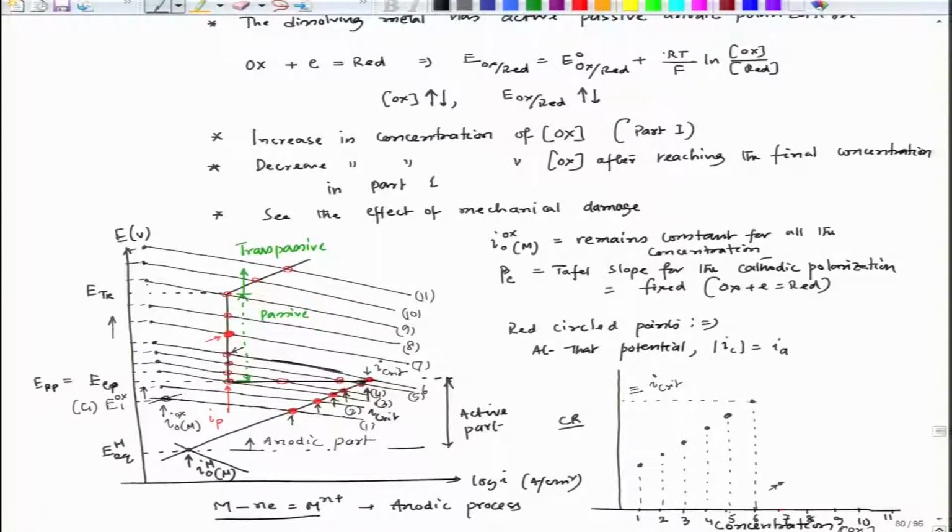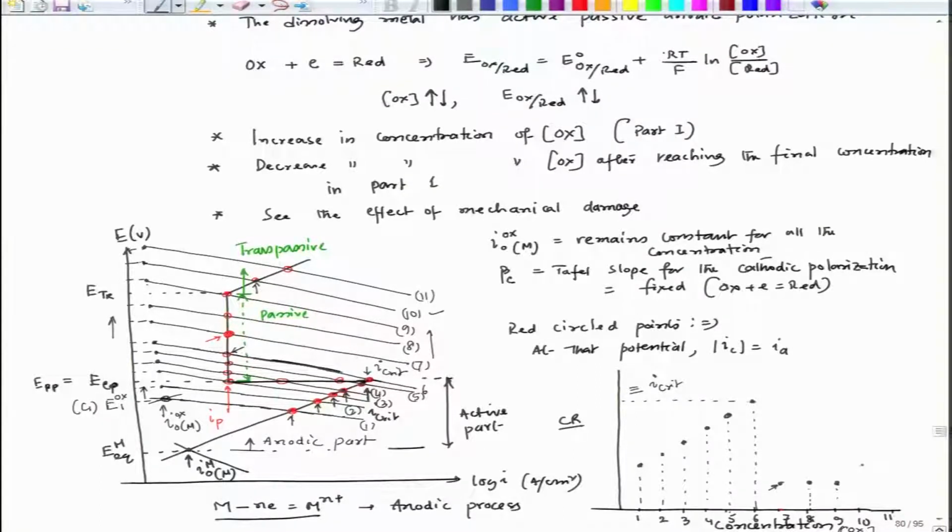Now if I increase the concentration further, if I go to 8 and then 9, 9 is basically the location where the transpassivity is just starting. So till 9 it will maintain the same corrosion rate, and then once we go to 10, the mixed potential is satisfied in the transpassive zone, and I could see that the corrosion rate is increasing again.